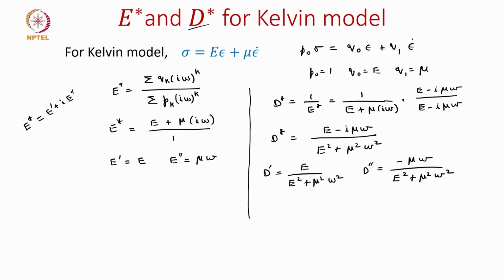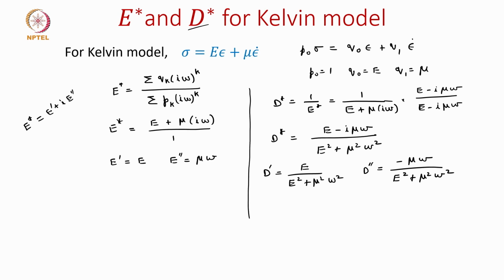So, what we have shown here is, once we know the differential equation for a particular material, the differential equation that defines the viscoelastic response, from that we should be able to find what is E star and D star, or the complex modulus and the complex compliance. Now let us see, once we plot it, how they look like.